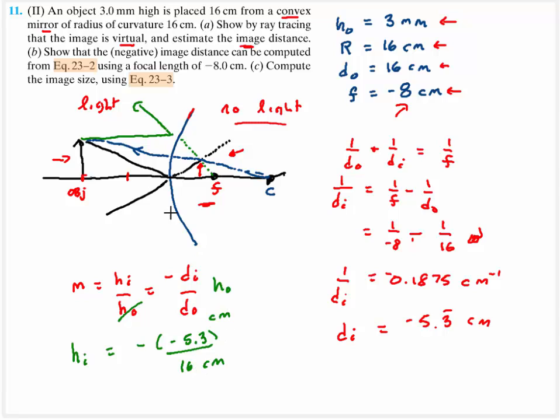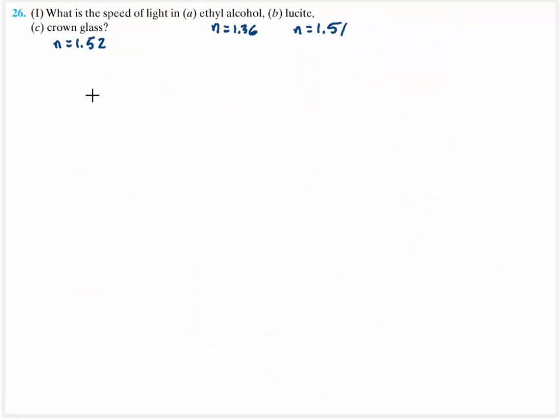Now the height of the object is going to be 3 millimeters. You can see centimeters is going to cancel out, so I'll have the height of my image in millimeters. That's going to work out to be about 1 millimeter.